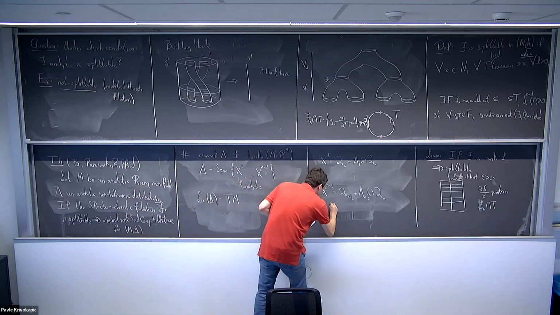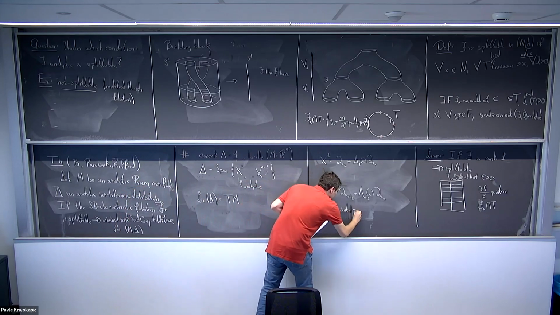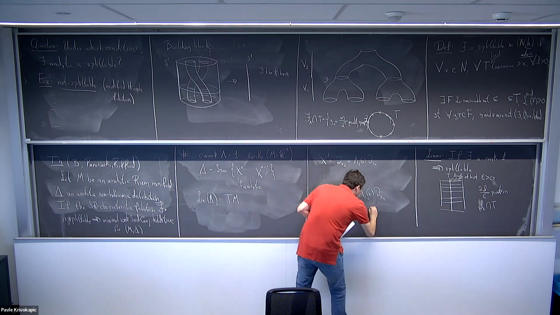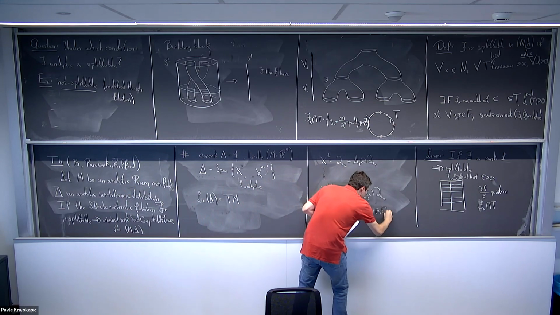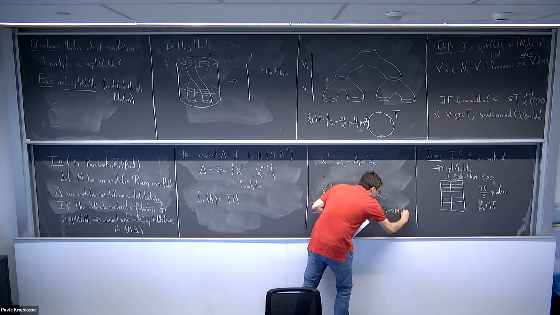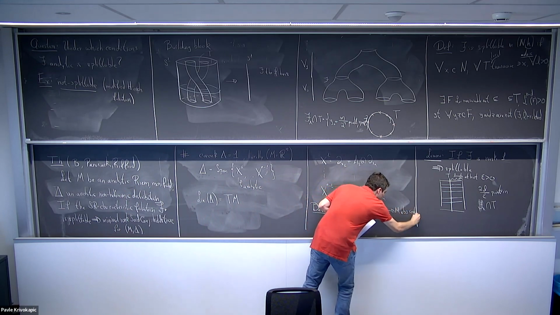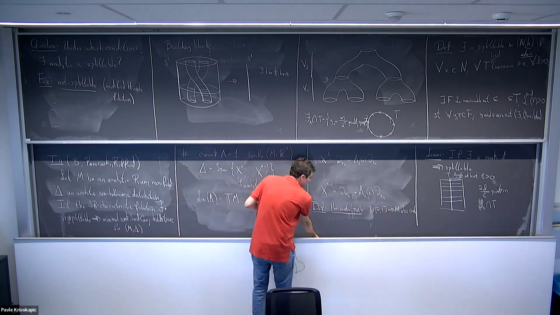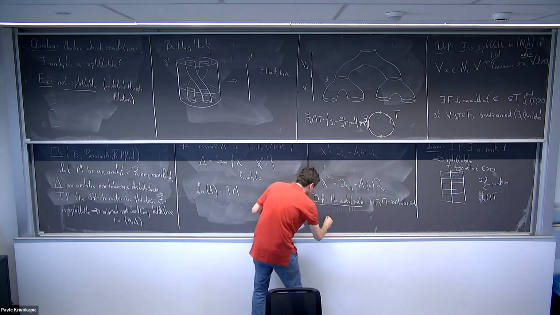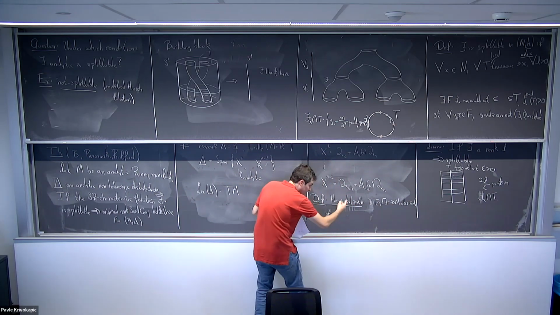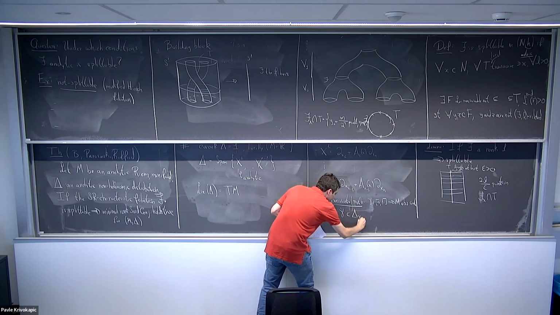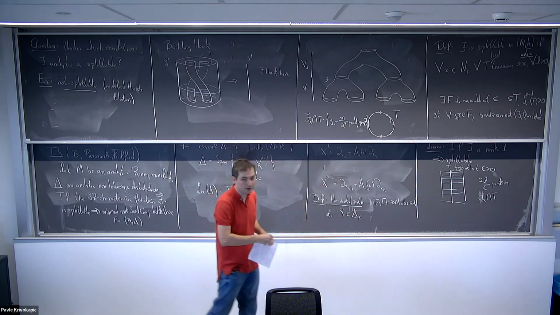What is called a horizontal path is an absolutely continuous curve. Absolutely continuous just means that you can compute its length, which is finite because it comes from something compact, such that whenever you can derive it, it is in the distribution.